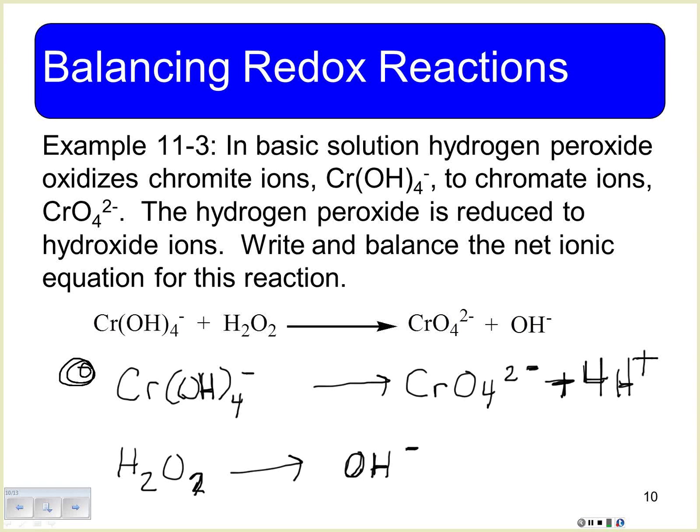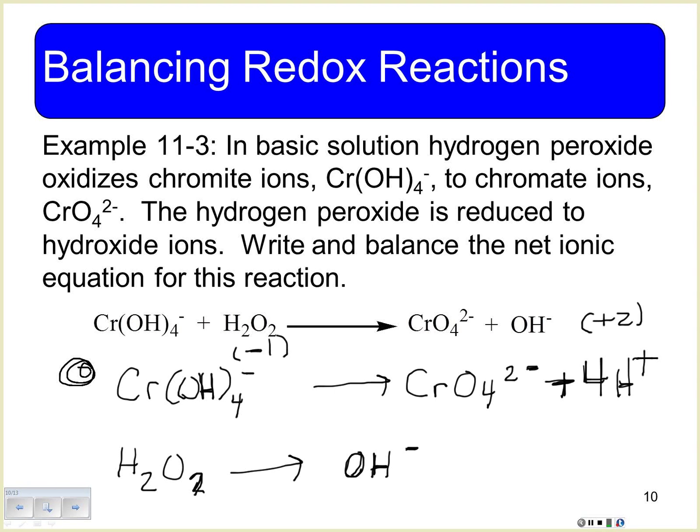Over here, if we add up, what would be our total charge on this side? We have +4 minus 2, so we have a 2. You can put just +2 if you want to. Over here, we have a -1. So these have to be equal.